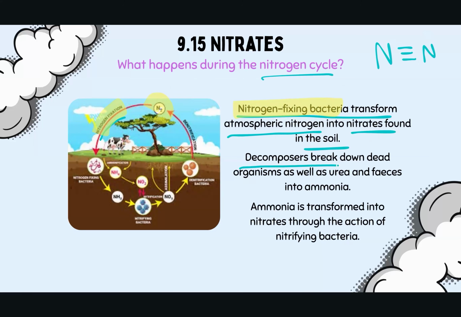Now decomposers, they break down dead organisms as well as urea. Urea is found in the urine and feces, and they break it down to ammonia. Then the ammonia, so what we're saying here is nitrogen fixing bacteria take nitrogen from the air and put it into the ground. Then plants can use the nitrates that they've formed to make proteins and grow.